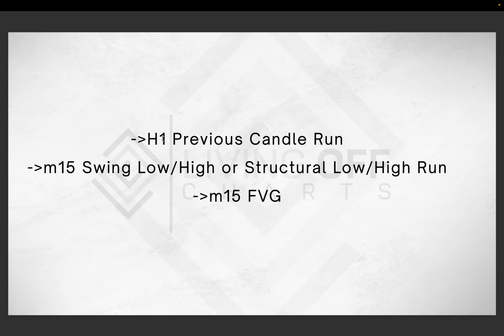One of those candles on the 1-hour chart within that 4-hour candle is going to run a previous candle's low, okay? The second is going to be an M15 swing low or M15 swing high getting run within those 4 hours. And lastly, an M15 FVG being formed within those 4 hours.